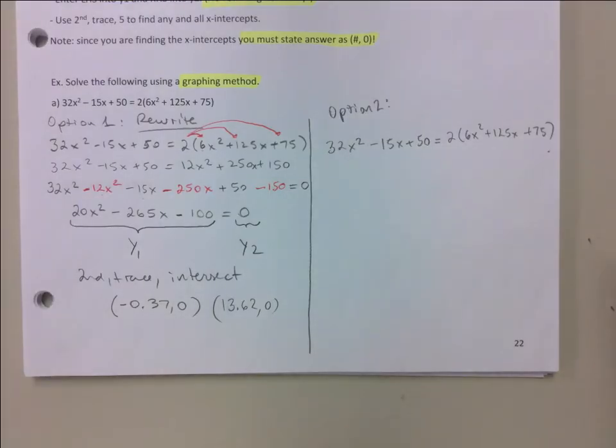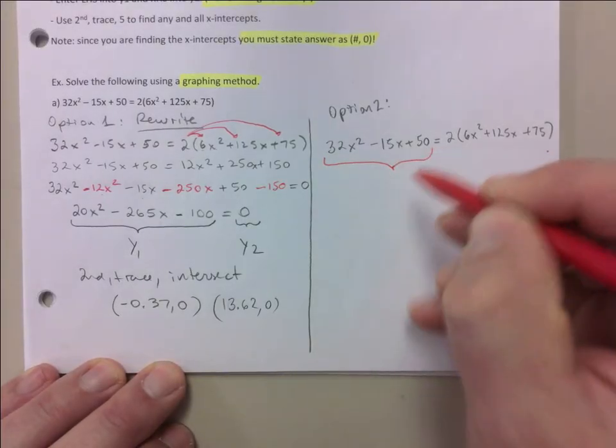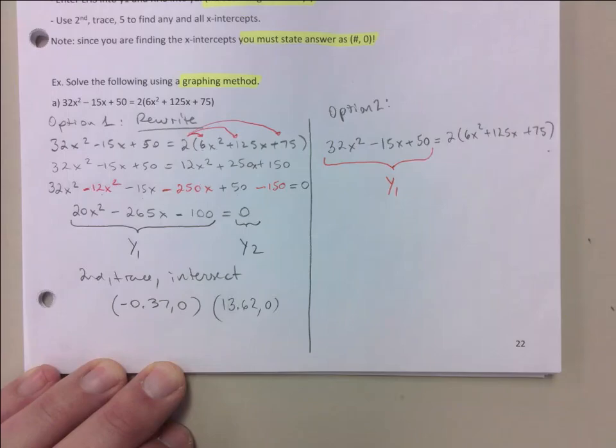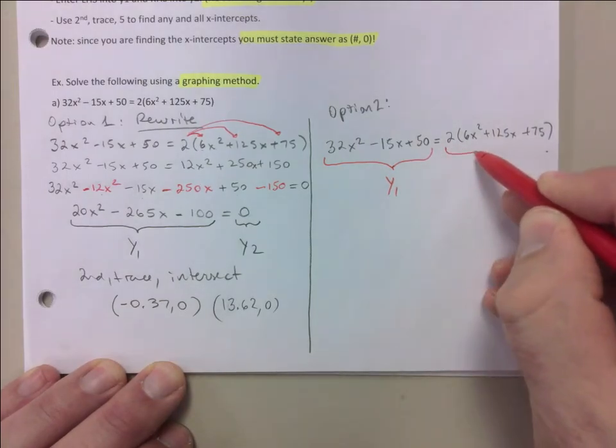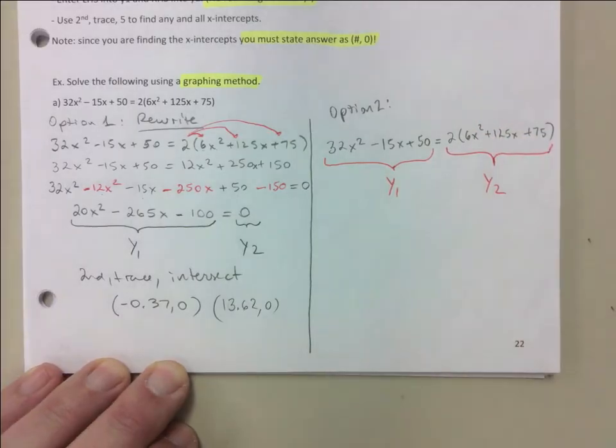And this is how, in my opinion, this is less work and less of a chance of you making a mistake along the road. So I'm going to say you take left-hand side as is, you put that into y1, and you take the right-hand side as is, you put that into y2.